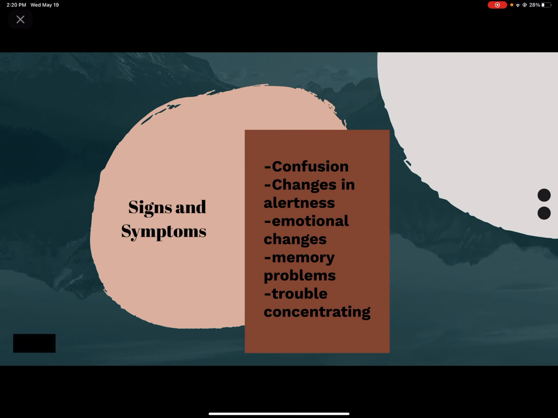So some of the signs and symptoms can be confusion, changes in alertness, whether this be a kind of a hyperactive state or more of a fatigued, sluggish state, emotional changes, problems with memory and recall, and really trouble concentrating throughout the day.